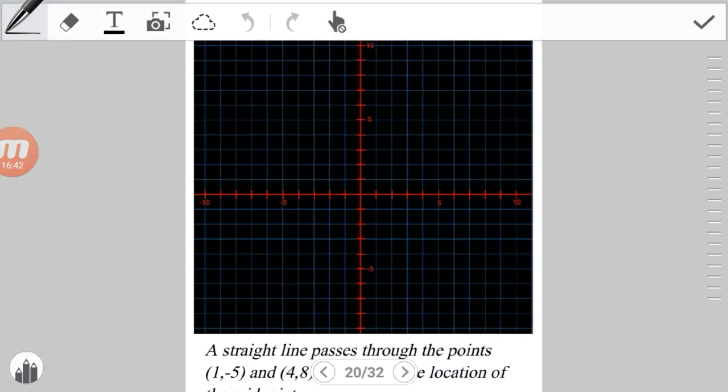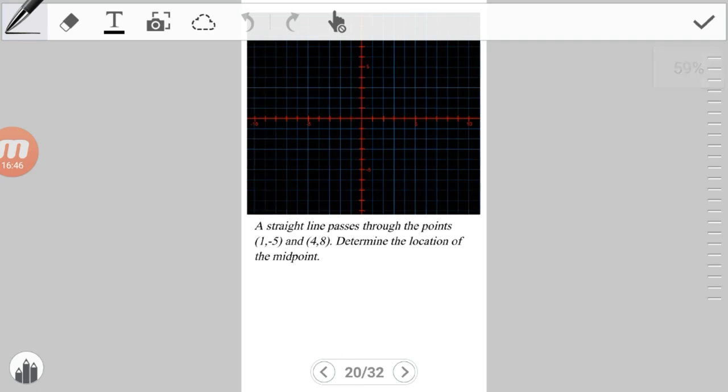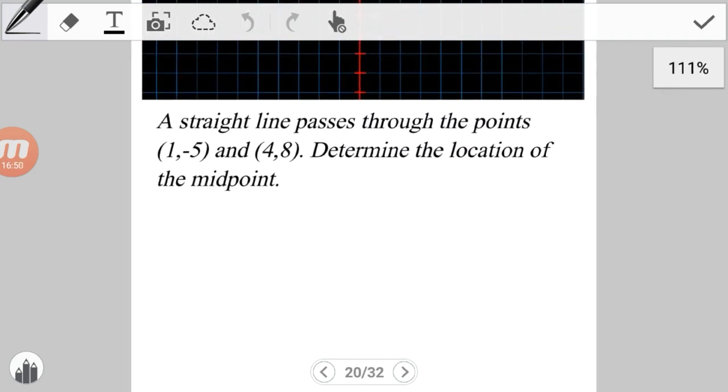Here are some examples, and we're going to demonstrate not only by calculation but also on a graph. Example number 1: a straight line passes through the points (1, -5) and (4, 8). We are to determine the location of the midpoint.